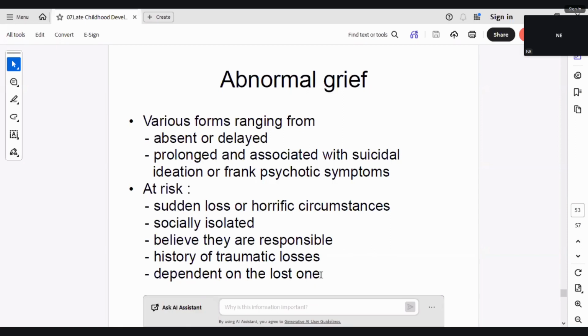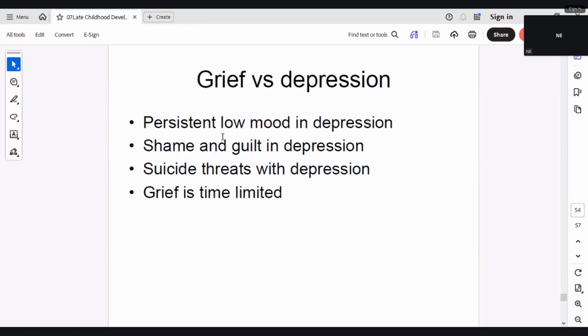Okay, so if the husband dies and she's been dependent, and it was a horrific loss, and she's isolated, that sets up that person to have abnormal grief.